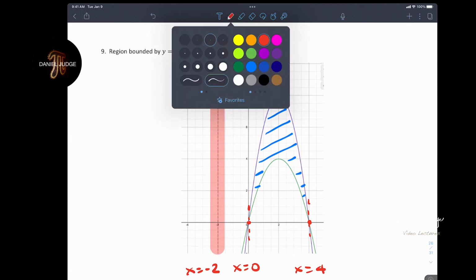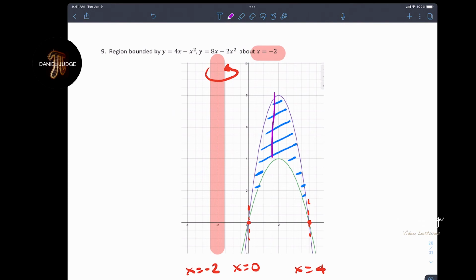So that when you draw your approximating rectangle right in here, you're still going to have that delta x for some x value between 0 and 4.